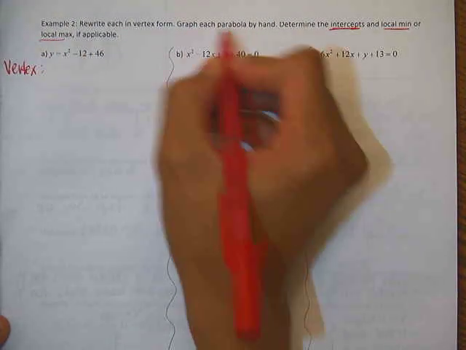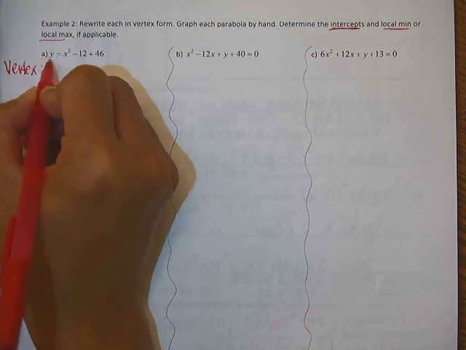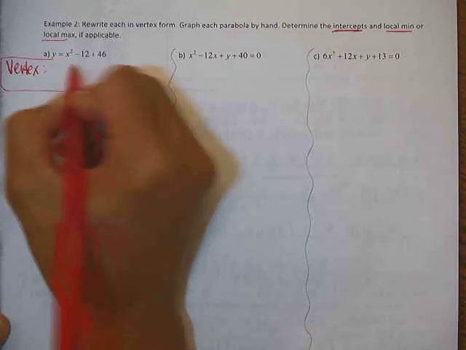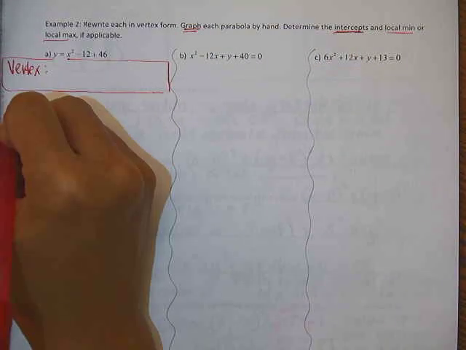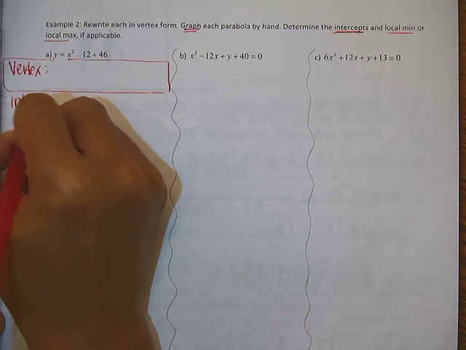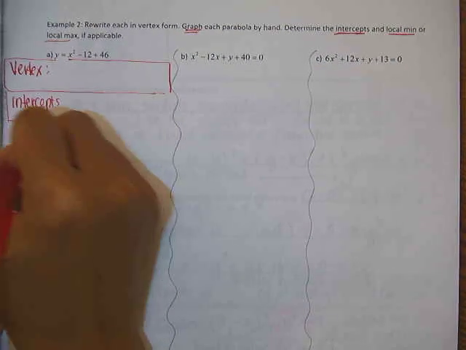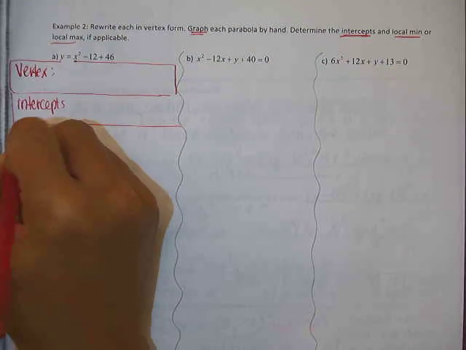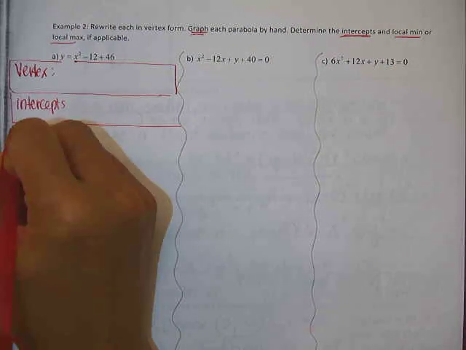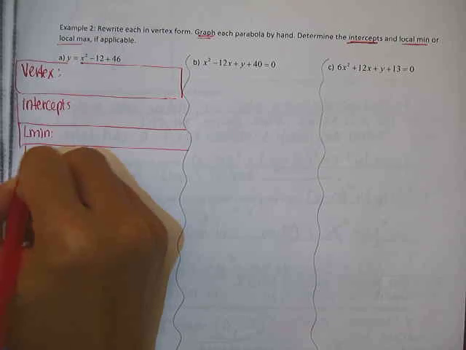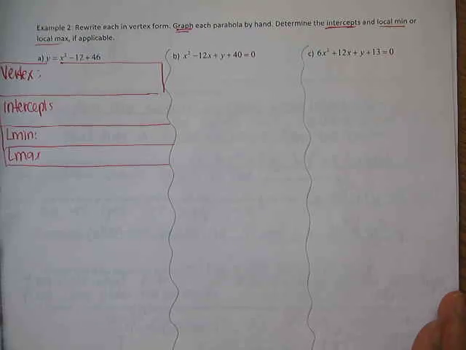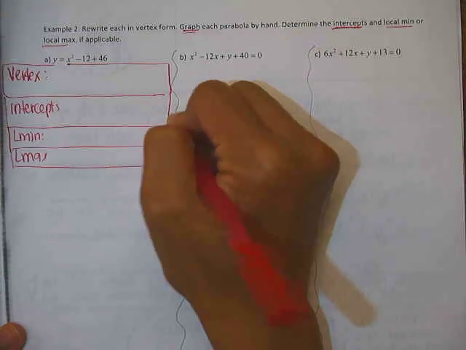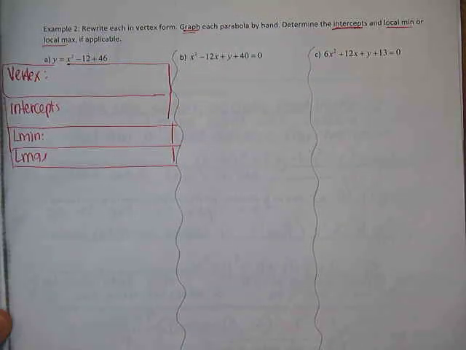We're going to graph it by hand. And then how about intercepts? We'll put all the intercepts here. And we're going to find our local min and local max. This way, I know these are all the things I'm supposed to answer. Okay. Box them up. All right, let's go.